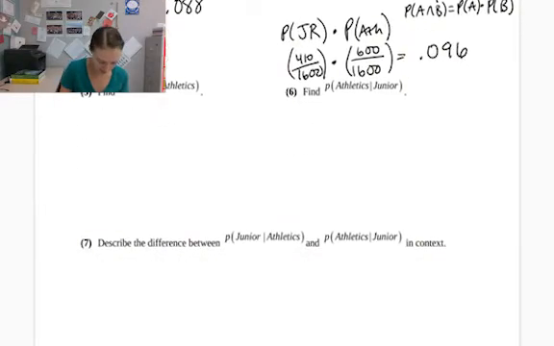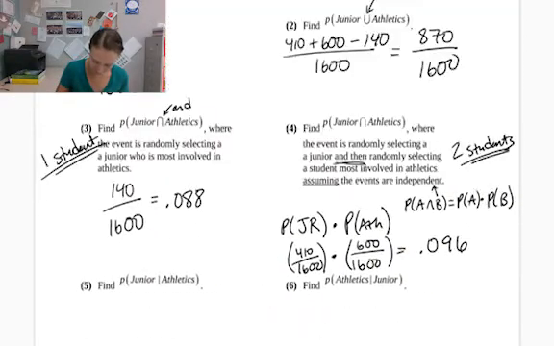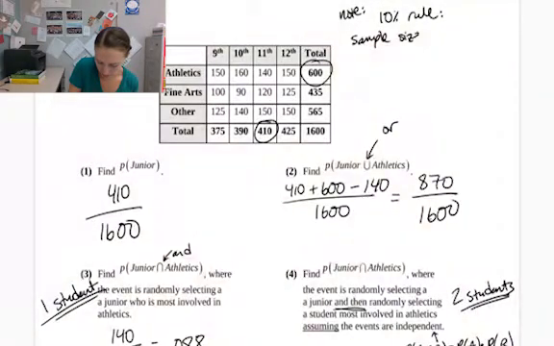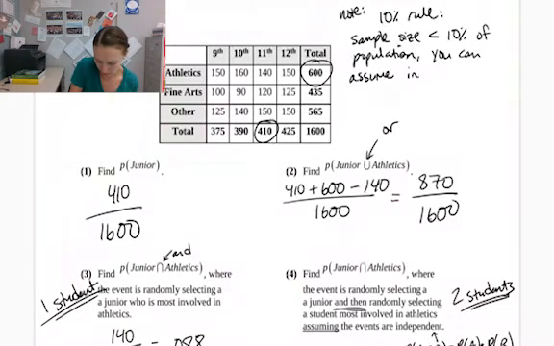Let me write this at the top. So just a quick note, the 10% rule states that if your sample size is less than 10% of the population, you can use or assume independence.